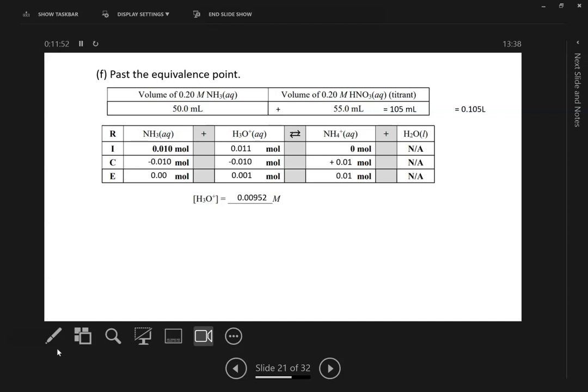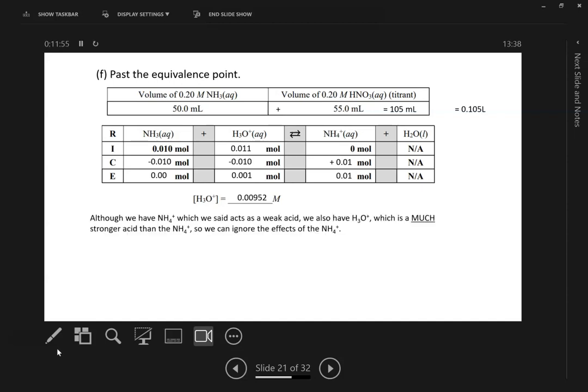0.00952 molar. Okay, pH is a pretty straightforward calculation because in this case, we definitely have NH4 plus, which acts as a weak acid, but I also have H3O plus, and that's a much stronger acid than the NH4 plus.